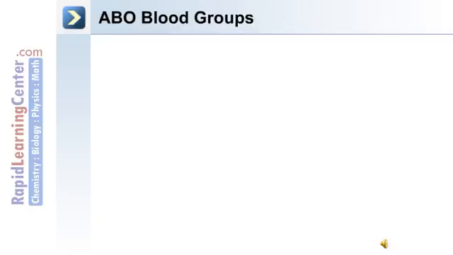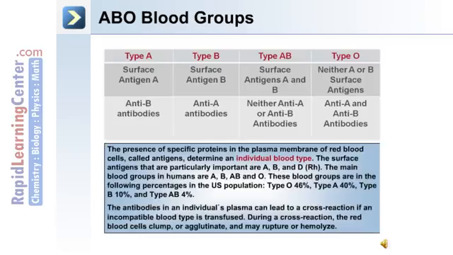The process of cross-matching for a blood transfusion, for example, includes the identification of the ABO blood group. The presence of specific proteins in the plasma membrane of red blood cells, called antigens, determine an individual's blood type.